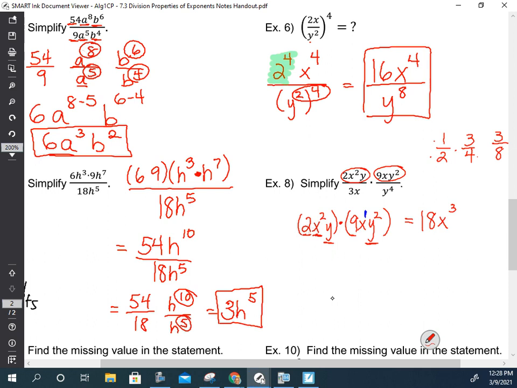Y times y squared. So y is raised to the first power. 1 plus 2 is 3. So now the top fraction's taken care of. Top fraction's taken care of. Not that hard.